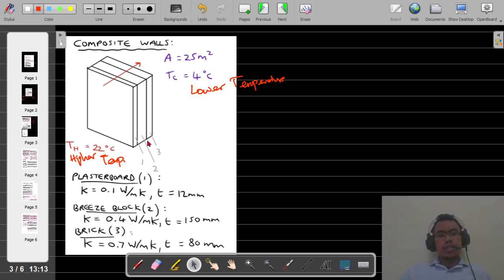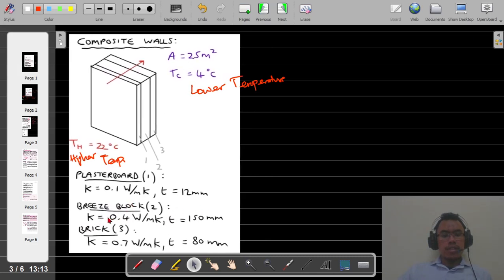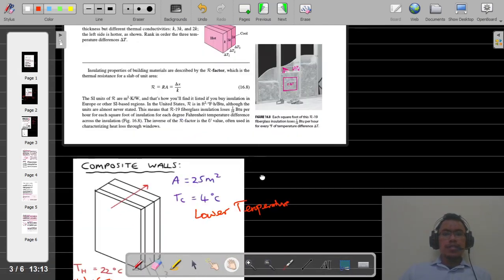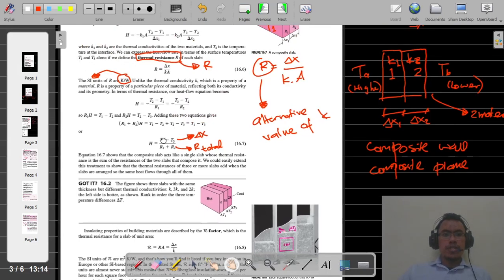We also have a second material, which is bulk, and the properties are as you can see on the screen here. The third material is bricks, and the K value and the thickness are as you can see on the screen. Now what we are going to do is find the value of every R, for every material.